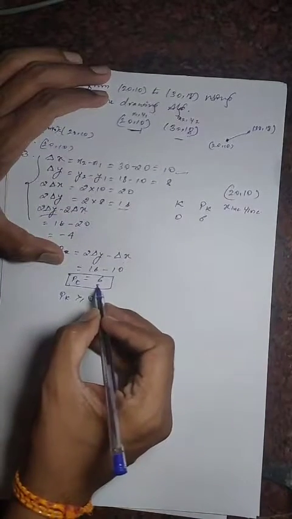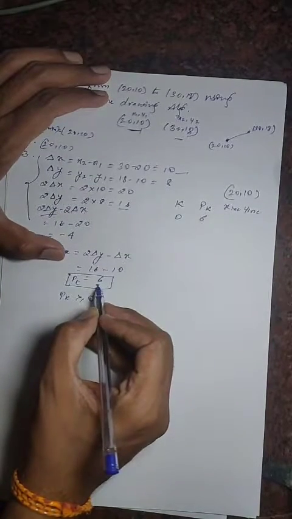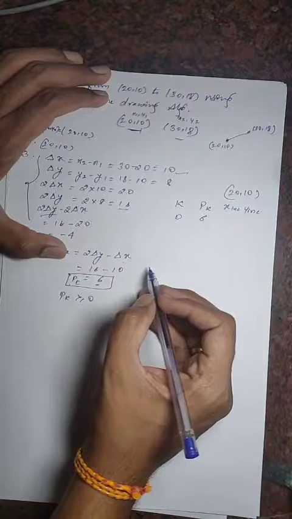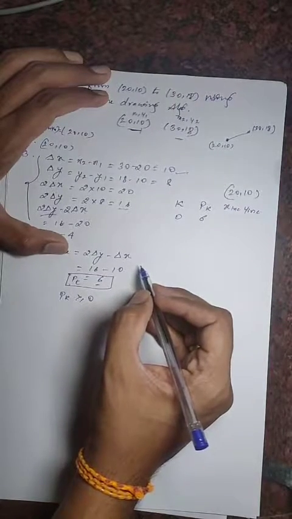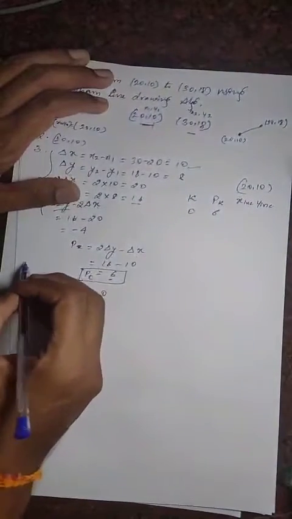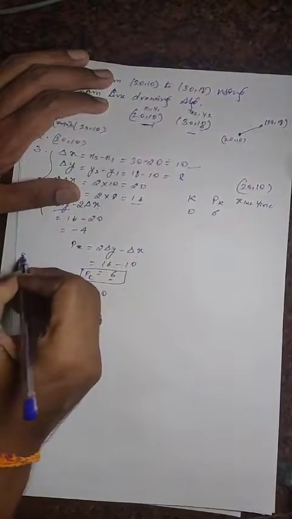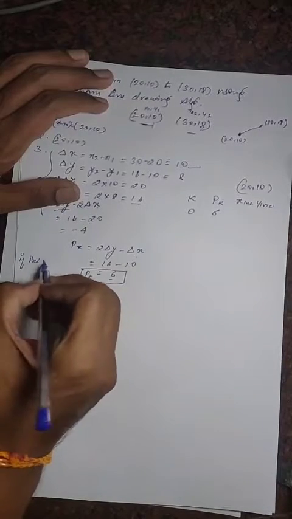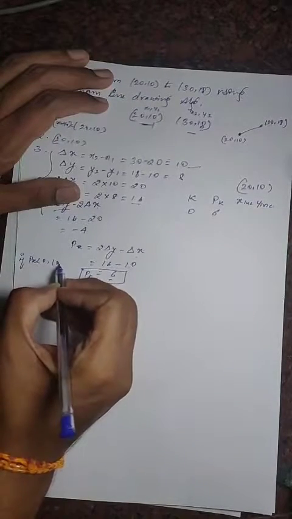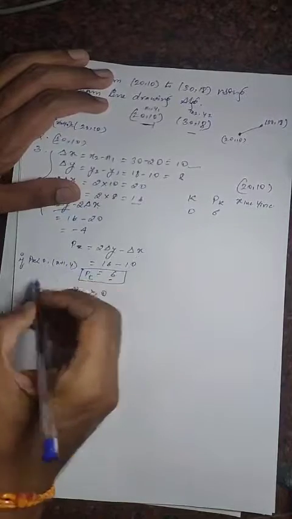Now if this is the case, what do we need to do? We need to increment x by 1 and keep the y value as it is. For your reference, I am going to write it here: if Pk is less than 0, x has to be incremented and y we keep as it is.